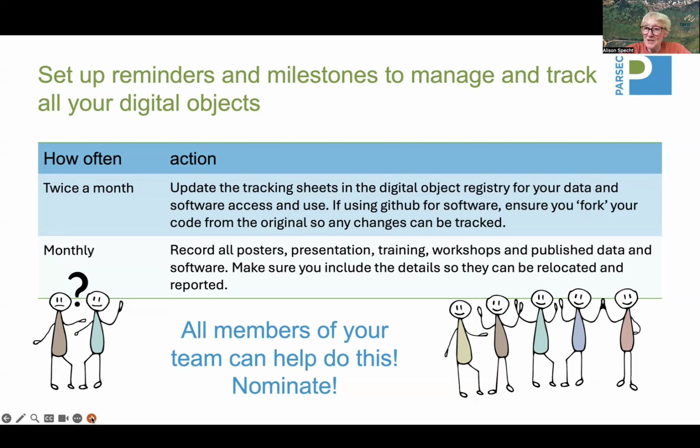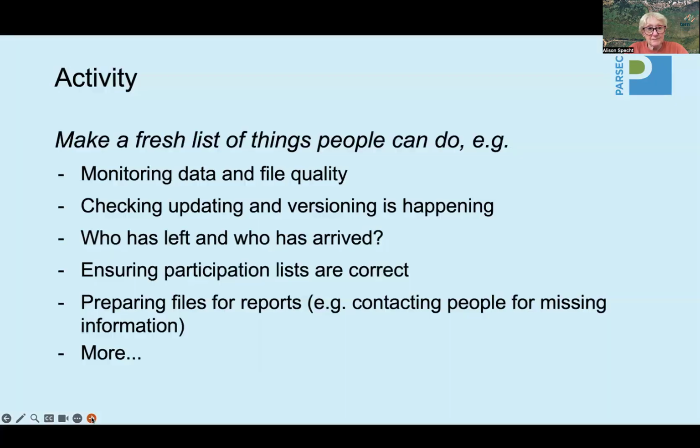This is not an opportunity to say how industrious the person is in their general life. It's just about what they've done with this project. If they haven't got time to fill in the conference details, they could be helped. They could download the spreadsheet the way you have probably. So all members of the team can help to do this, nominate if necessary.